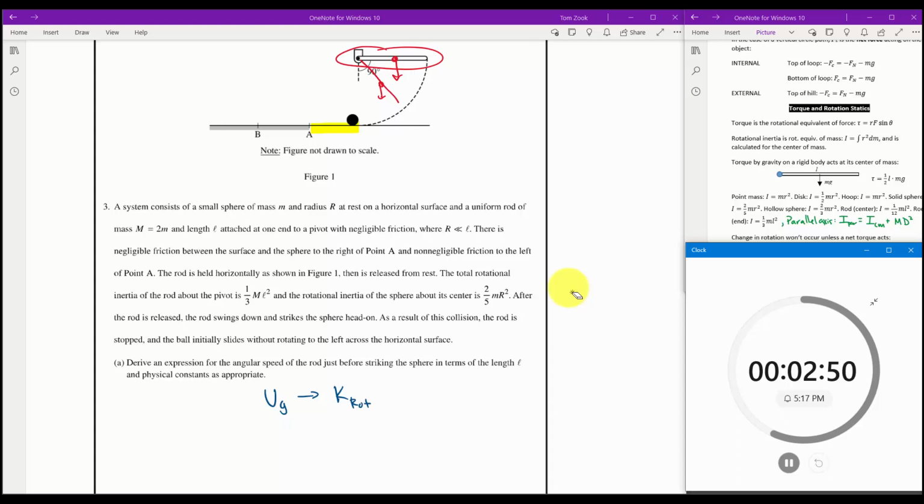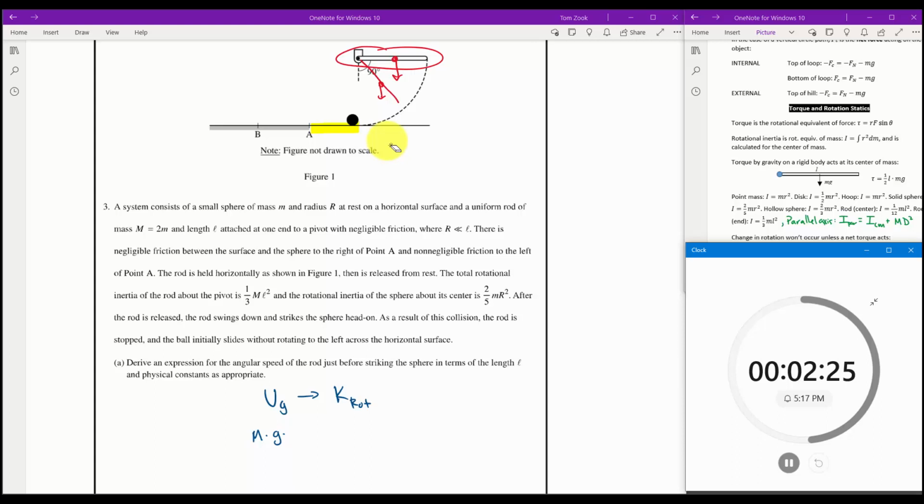And setting that up for part A could get you some credit, but it'd be better if you were to elaborate on that and say that the gravitational potential energy would be m times g times the height that it's released from, which is, it's released from height L, but when it swings down, that's about to make this wrong.